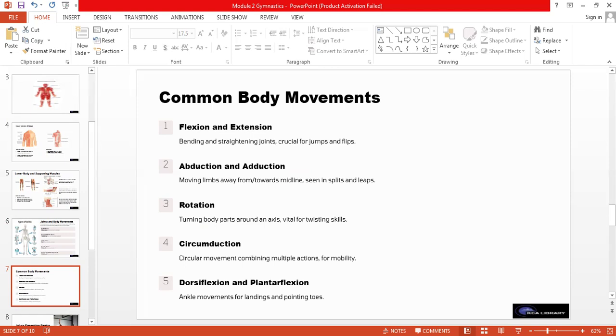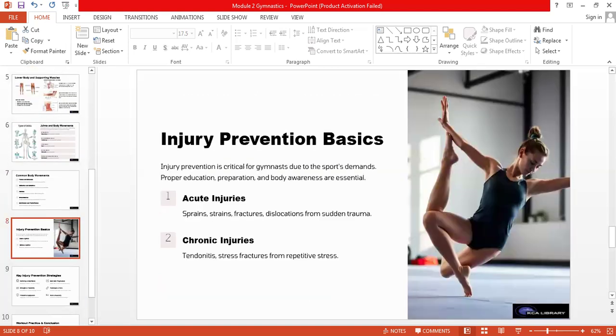We have the circumduction movement, a circular movement combining multiple actions for mobility. And lastly, we have dorsiflexion and plantar flexion, which is a movement of the ankle for landing and pointing toes. So these are the common body movement types that we have in gymnastics.